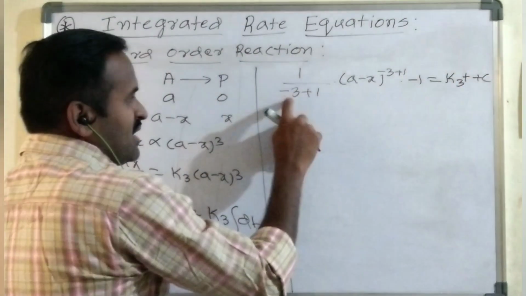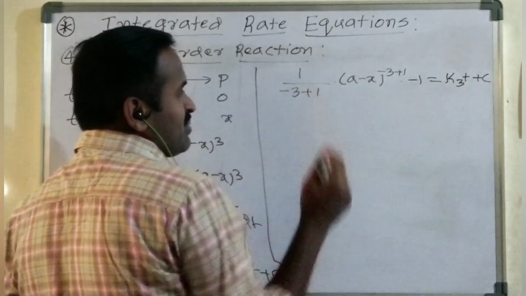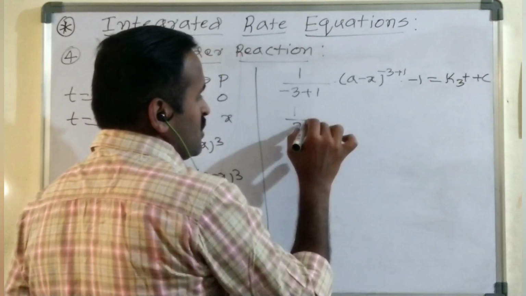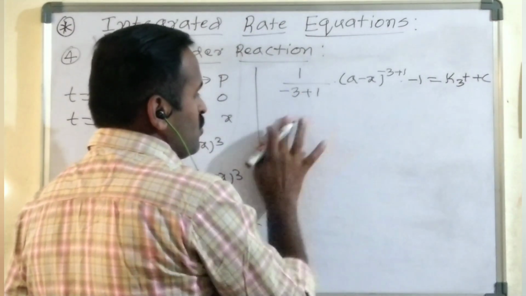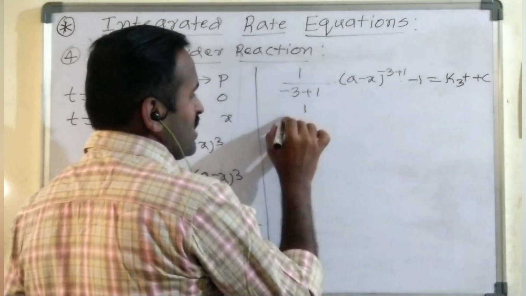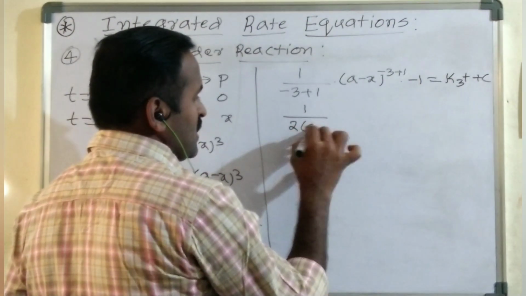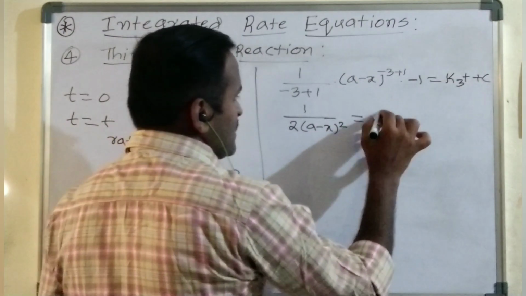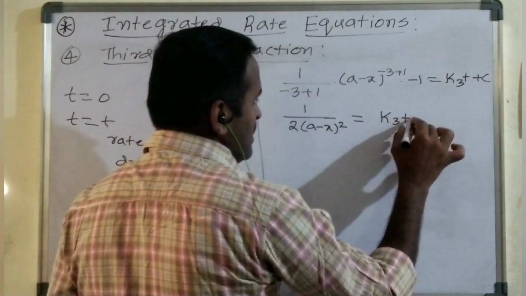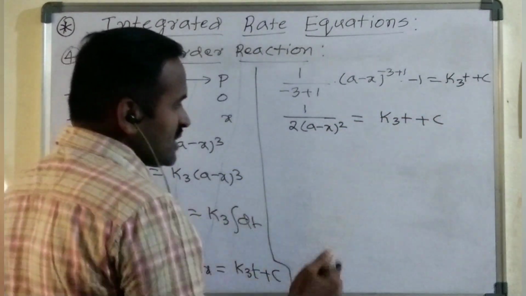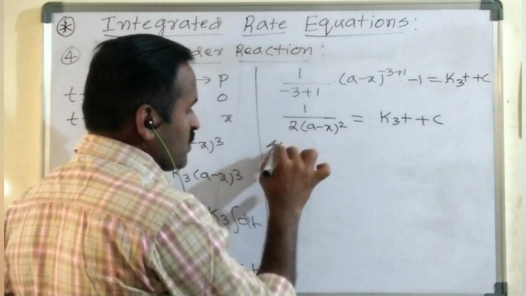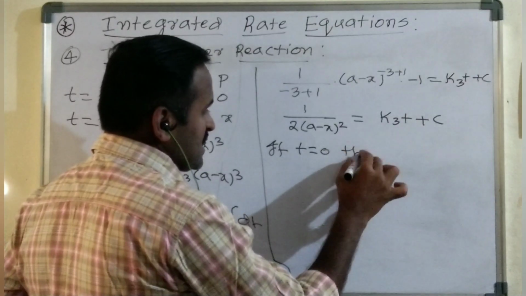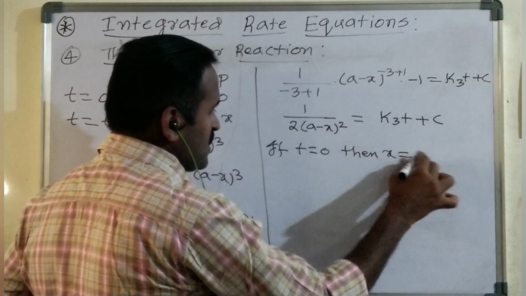The minus signs cancel, so we get 1 by 2 into (a minus x) whole square equals k3t plus c. To find the integration constant, if t equals 0, then x is also equal to 0, and we substitute in the above equation.